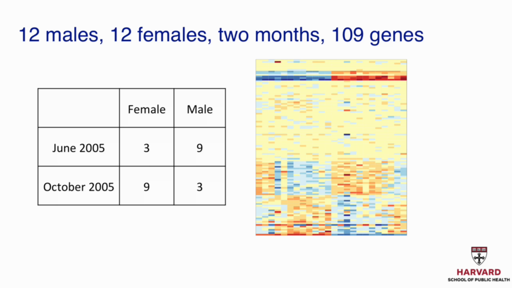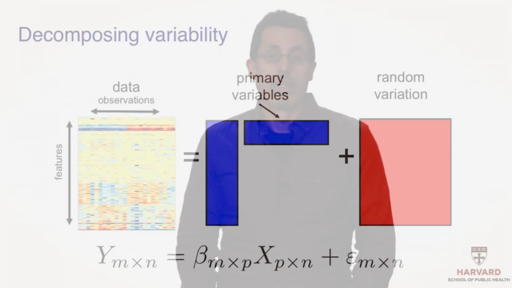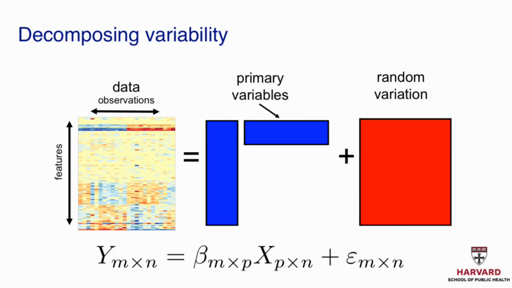So how do we begin to model this? Let's start with a naive model. In the naive model, we write something like this. We have a matrix that has features, genes, SNPs, DNA methylation loci, and on the columns, we have samples. So we have the 12 females and the 12 males. That's represented here with this Y. There's M features and N samples.